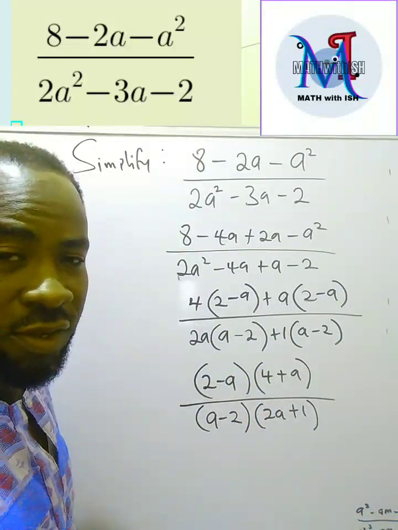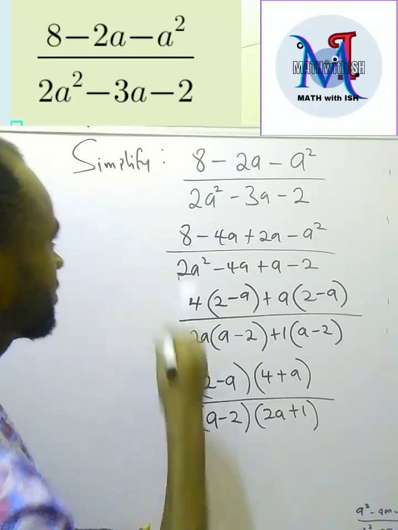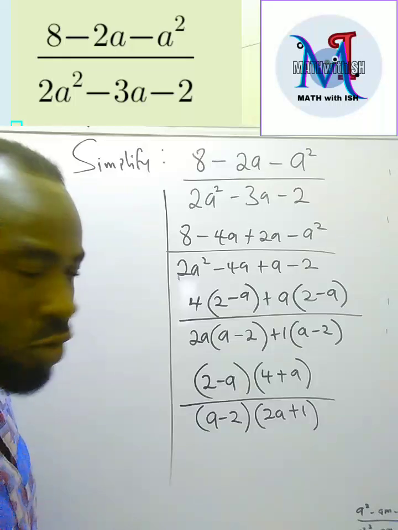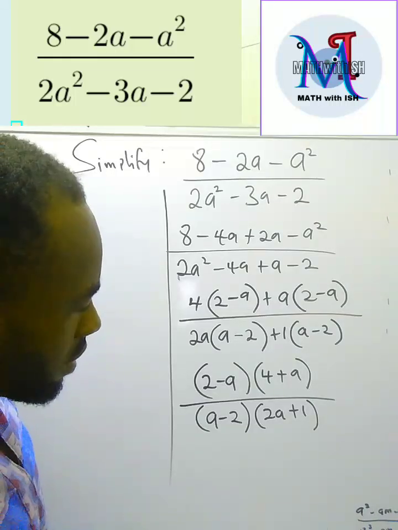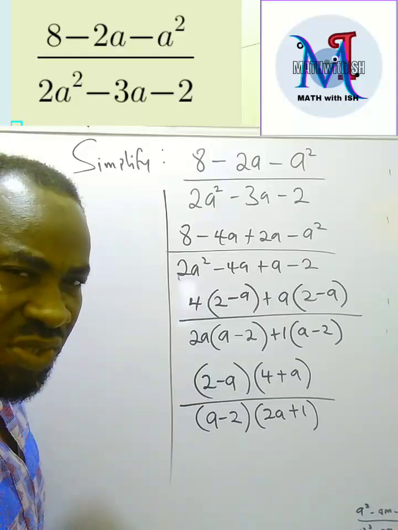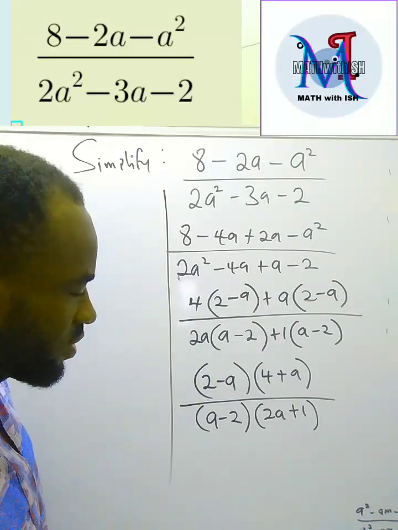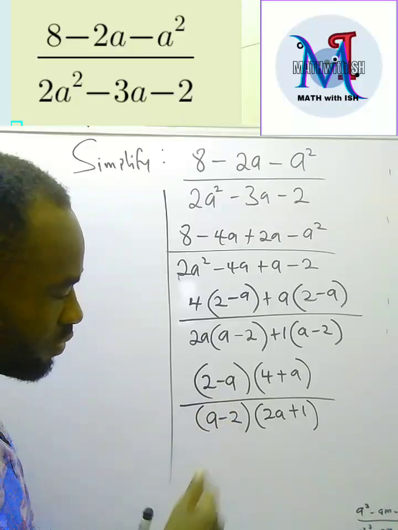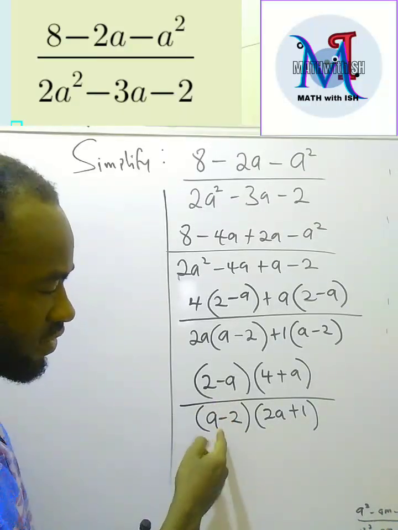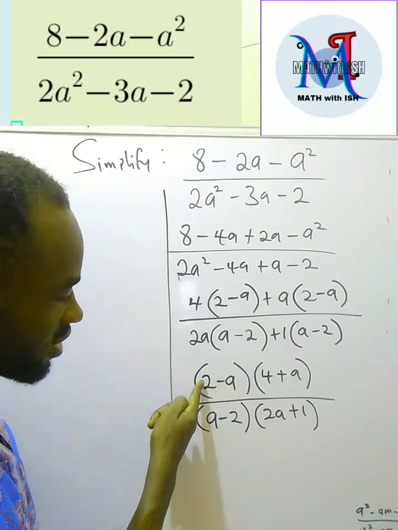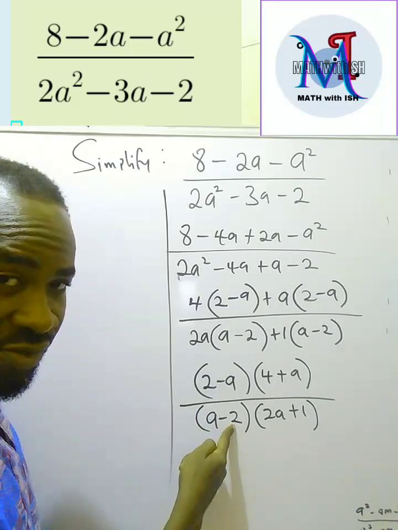Can you see that? The next thing, which is the final stage now, is to reduce to lowest terms, to divide. By looking at it, you won't really see what to divide, but when you check properly, you discover that we can actually manipulate these two. They are almost the same, it's just that their signs are different. While this is plus 2, this is minus 2.